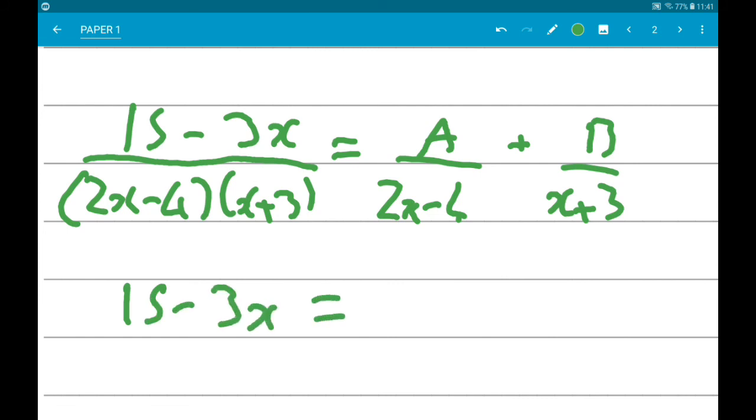Now on the right, if we combined the fractions, we would multiply a by x add 3 and b by 2x minus 4. So on top we get a times x add 3, add b times 2x minus 4.